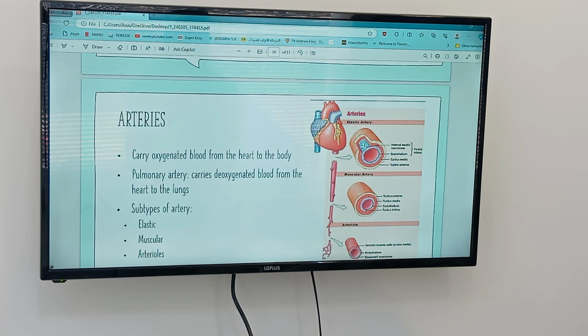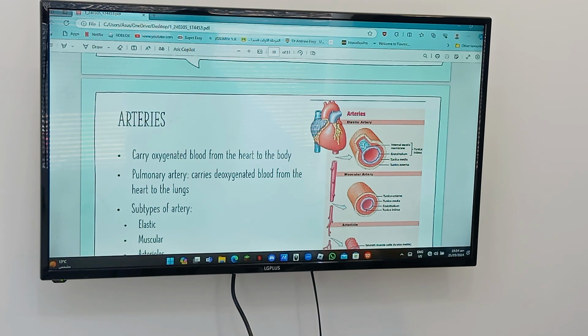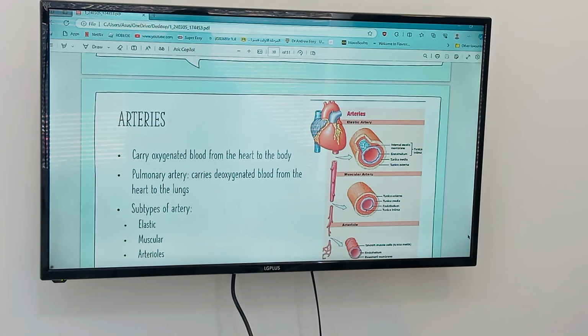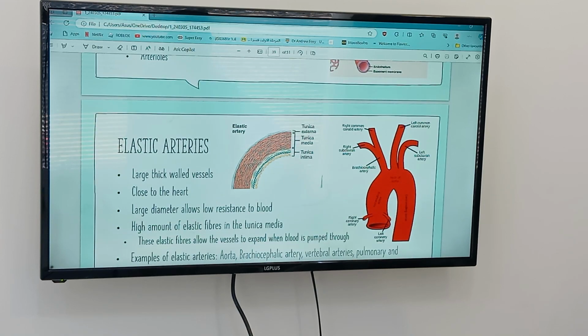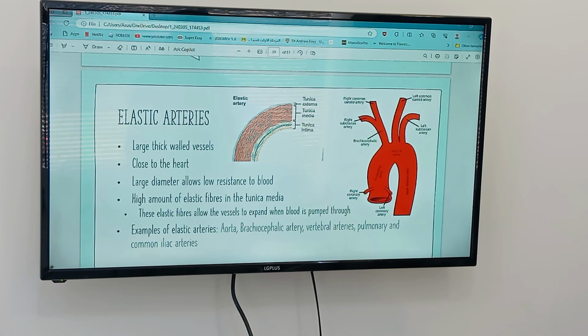Pulmonary arteries carry deoxygenated blood from the heart to the lungs. Subtypes of arteries are elastic arteries, muscular arteries, and arterioles. Look at the elastic arteries: the tunica externa and tunica media are very thick, while tunica intima is small.